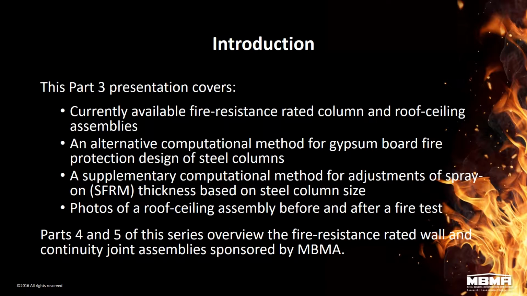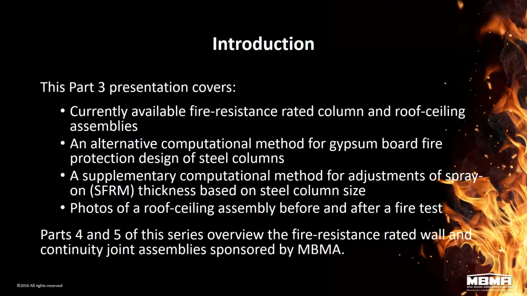Part 3 will cover the fire resistance rated column and roof ceiling assemblies that are prevalent and developed for metal building construction. We will also look at some alternative computational methods for determining gypsum board protection for steel columns and present an example for adjustment of spray-on fire protection thickness based on steel column size.